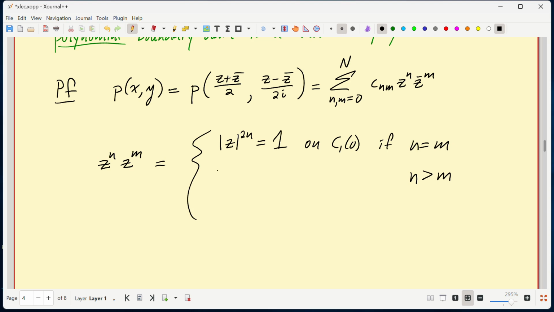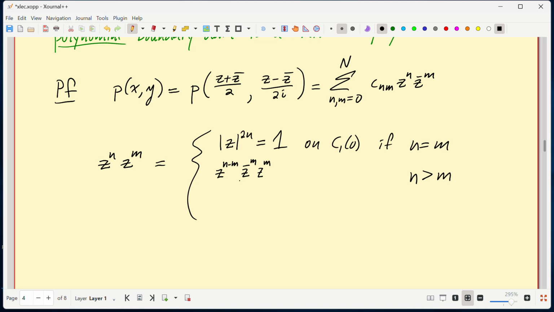Okay. If n is the big one, then I would write it as z to the n minus m, because n is the big one, and then what I would have left is z bar to the m times z to the m.